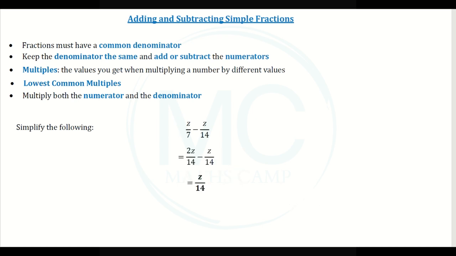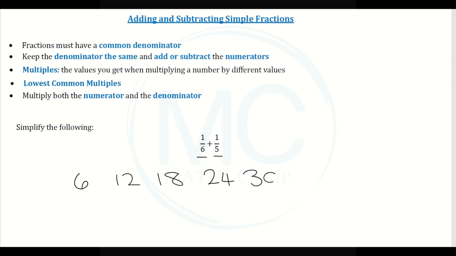Now, in some cases, it is not as easy to find common multiples. Here we have 6 and 5. Let's find the multiples of 6. We have 6, 12, 18, 24, 30, 36, and 42.